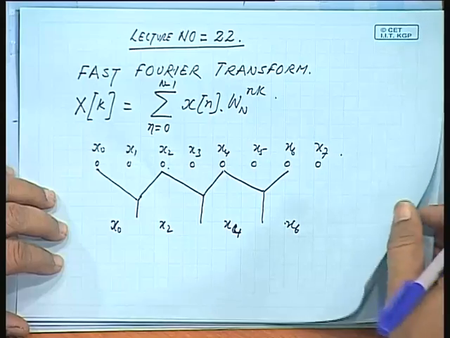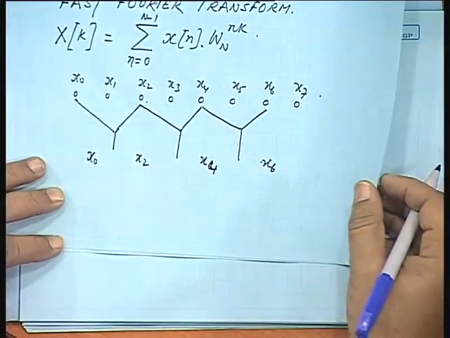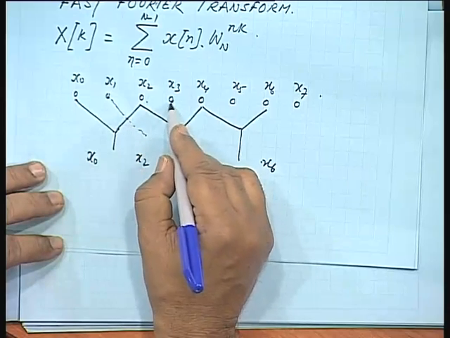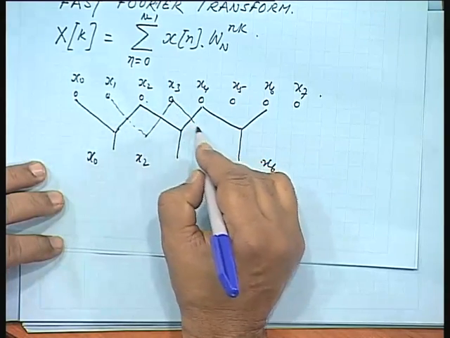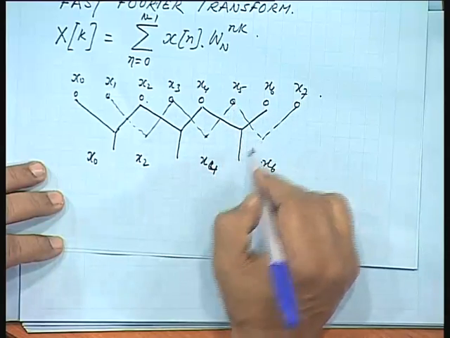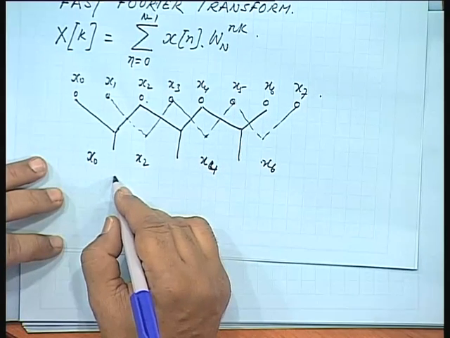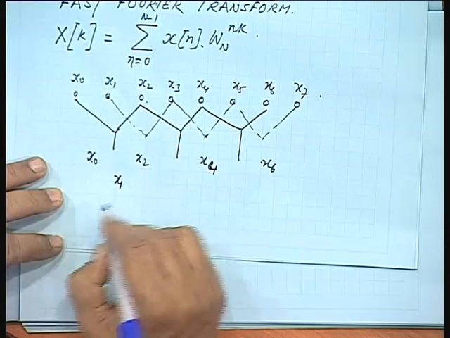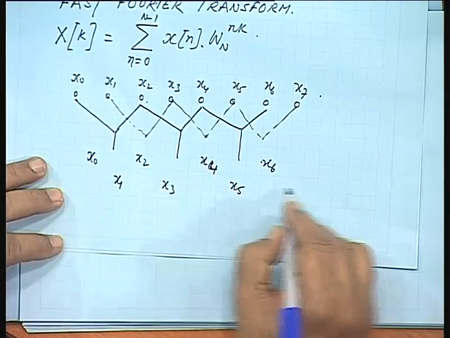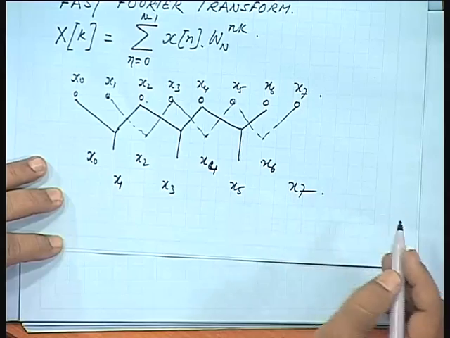This will be the even terms. If we pick up the odd terms, I will get x1, x3, x5, x7, right.